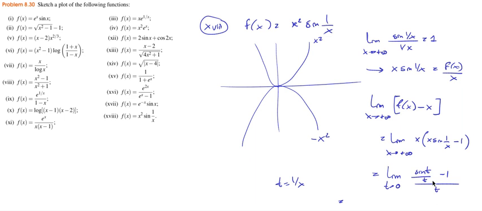And you can use L'Hopital's rule to deal with this. You get that this is the cosine of t times t minus the sine of t, divided by t squared.